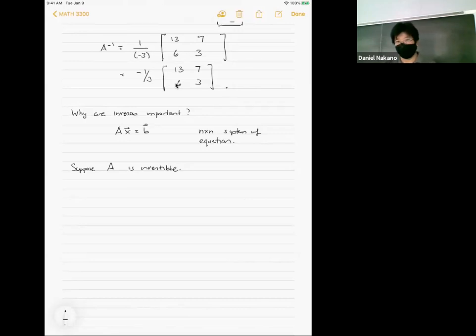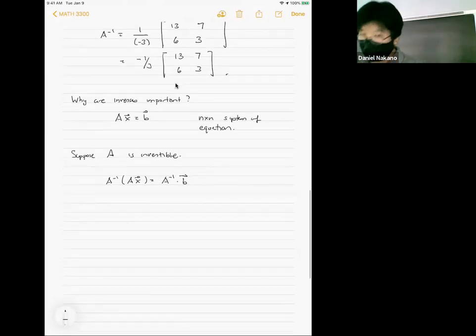We just take the inverse and we apply it to both sides. So then we have A inverse AX is equal to A inverse times B. Okay? I think we've done this trick like several times. And now what we do is we associate A inverse and A together, and that's X is equal to A inverse B.